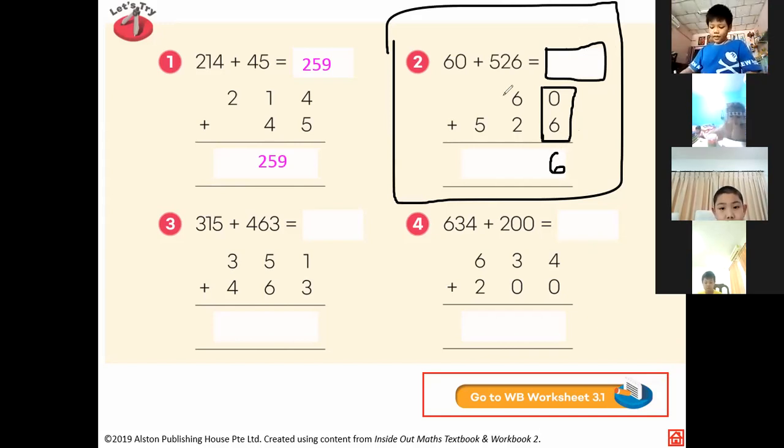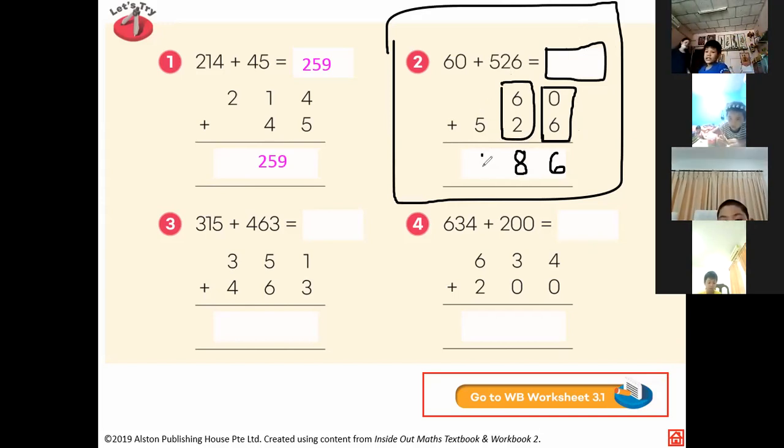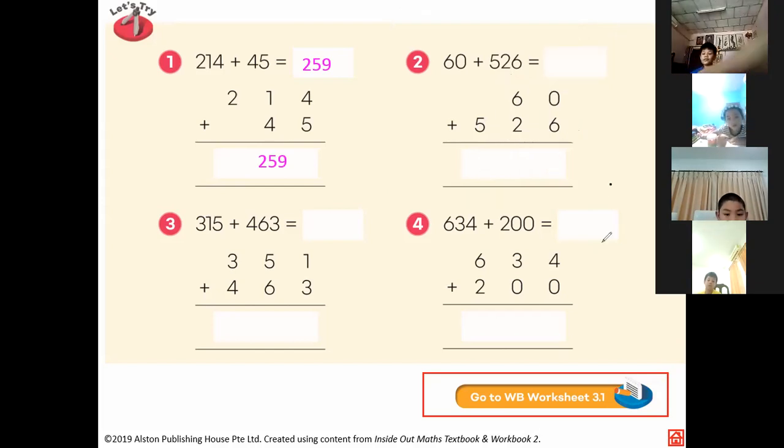That's 6, right? And then 486. That's 500, and then bring down 5. So the answer is 586. Okay, very good. What about for number 3? Who would like to answer for number 3?